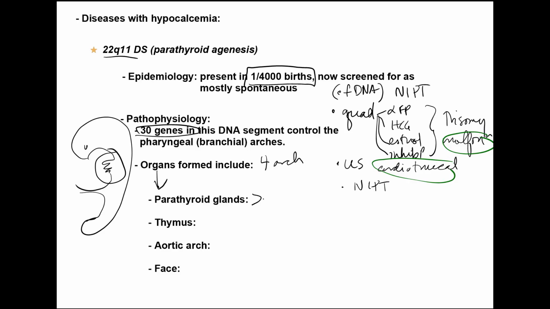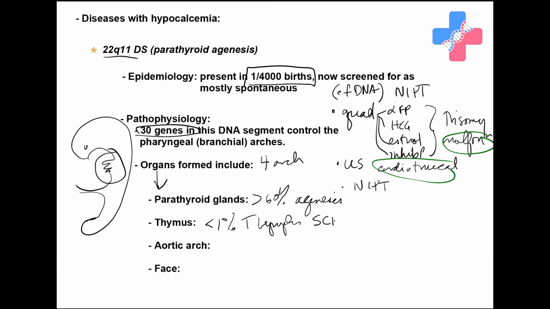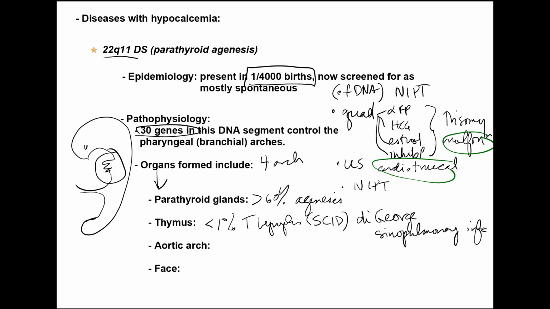More than 60% of the 22q11 patients will have parathyroid gland agenesis, and these babies will be born with hypocalcemia. When the thymus produces less than 1% of the normal number of T lymphocytes, this will give a severe combined immunodeficiency syndrome called the DiGeorge syndrome, and these patients will present with sinopulmonary infections.